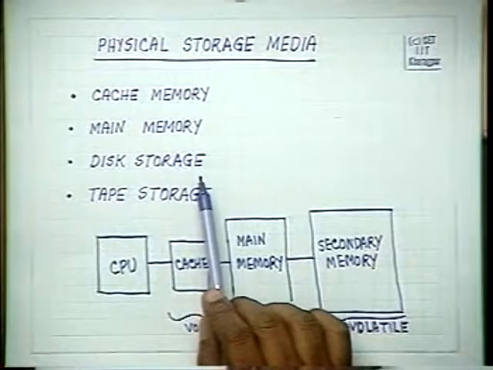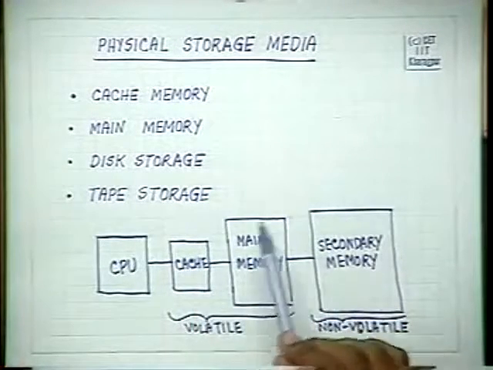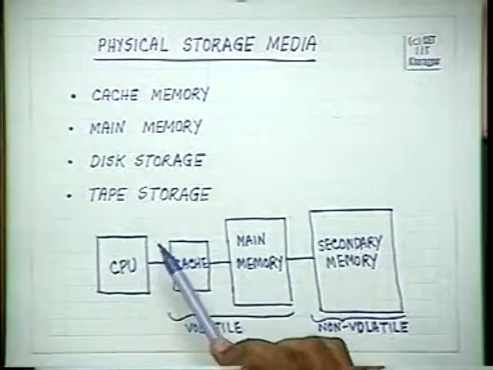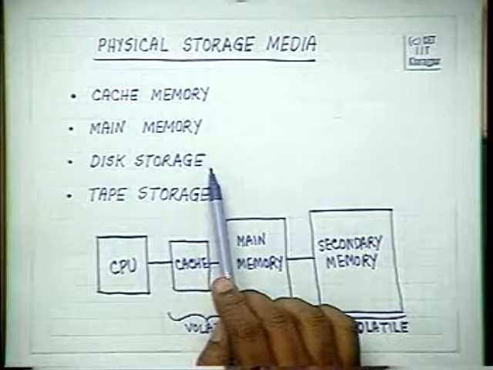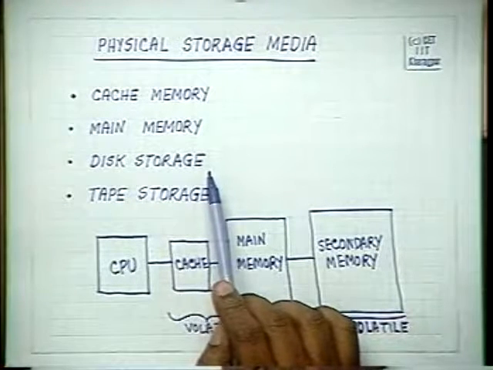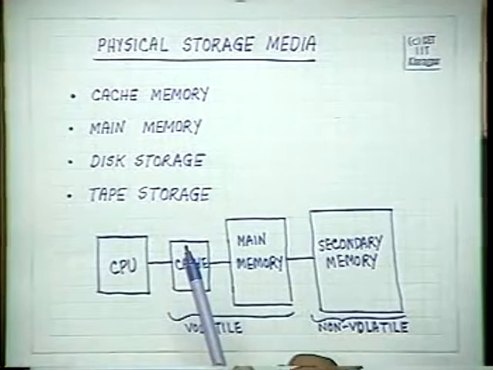And not a single disk, we can connect more than one disk to a particular machine, and in a networked or distributed environment we can have several such disk storage devices. Therefore, tape storage is usually an archival mechanism which is used to store backup information, whereas actual processing is done on disk because it is a direct access device which is much faster than a normal tape storage mechanism.